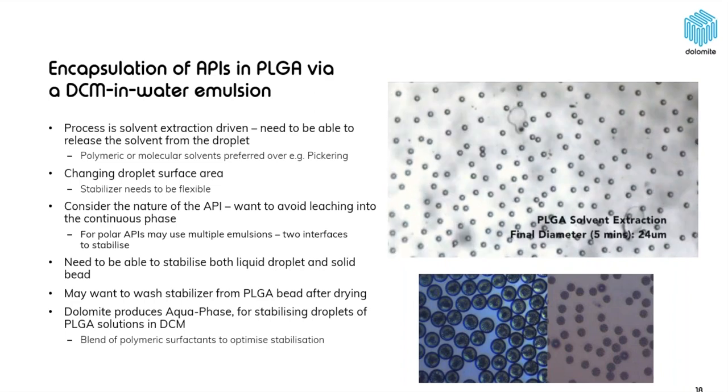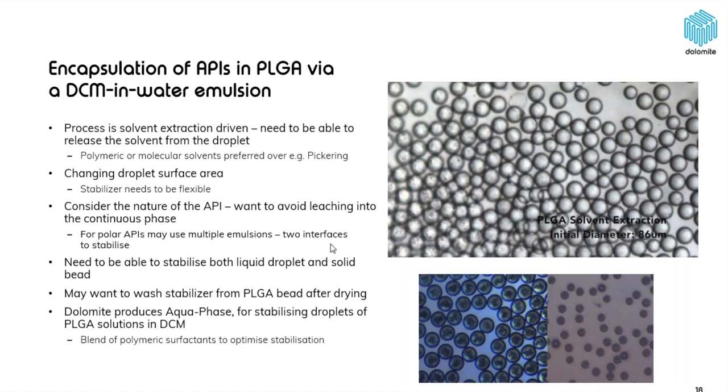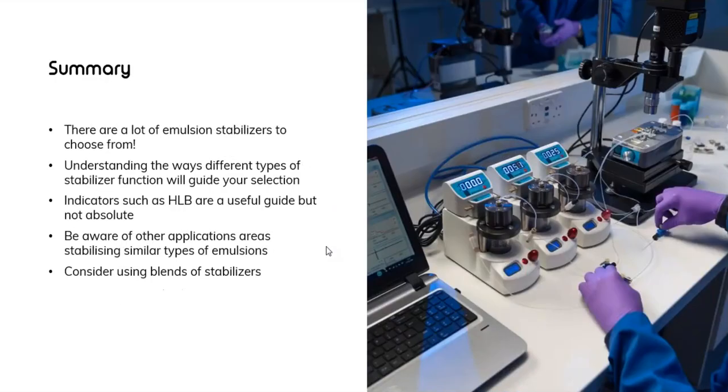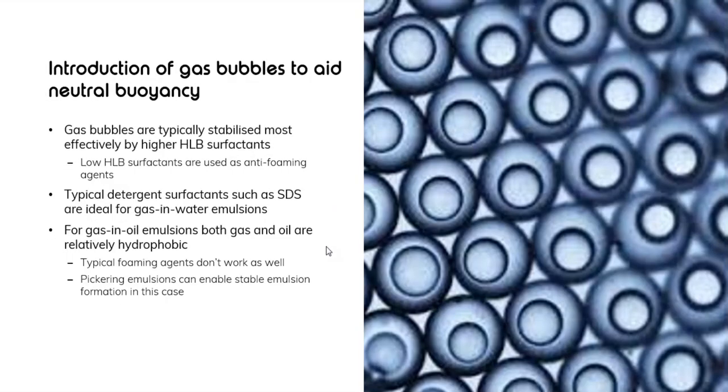Okay, so the last example I want to discuss is the introduction of gas bubbles to reach neutral buoyancy, or to reduce fat content, for instance, in things like oil and water emulsion food products. Gas bubbles are typically stabilized most effectively by higher HLB surfactants.